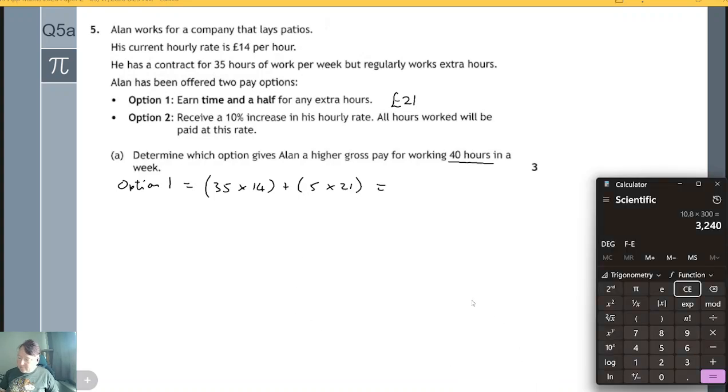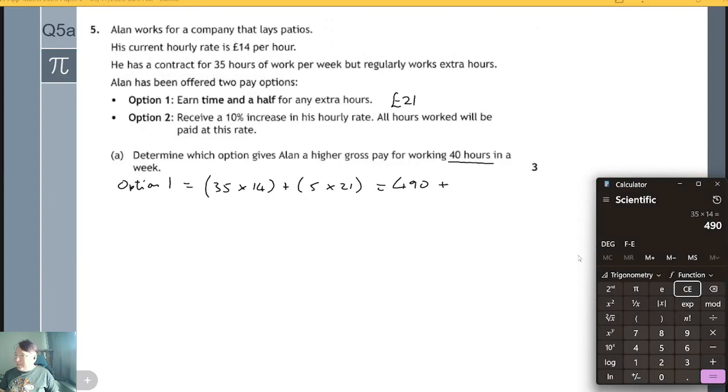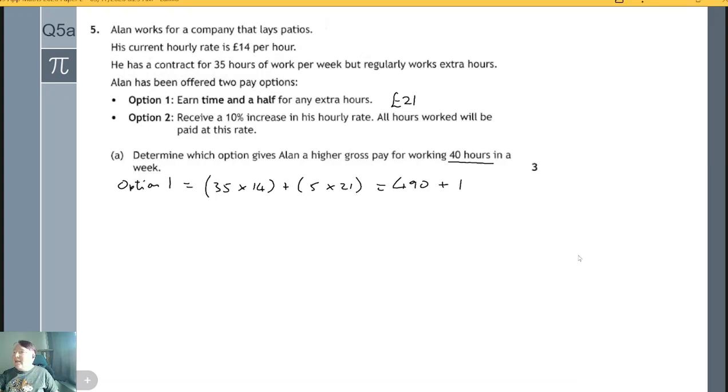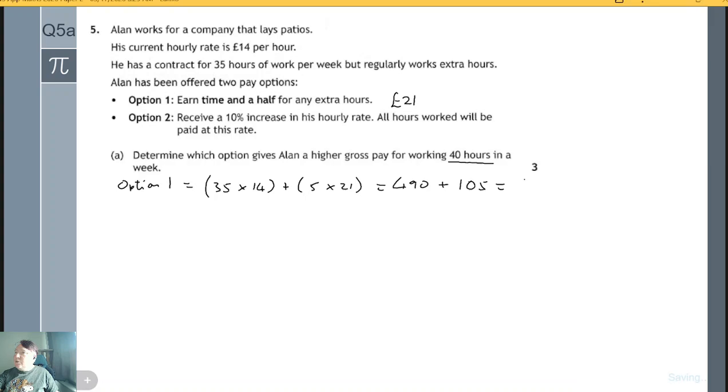So let's have a look at that. 35 times 14 is 490. And I don't really need a calculator for this, but I'm going to do it anyway. We've got 105 for the second. So we have got, what did I do there? We've got 490 plus 105 is 595.